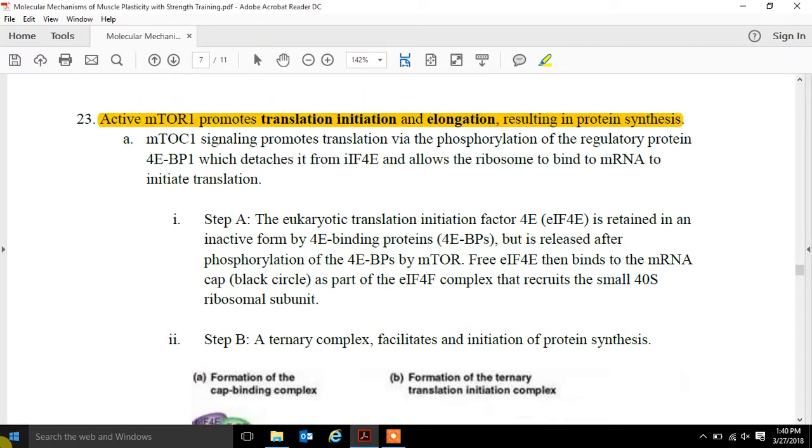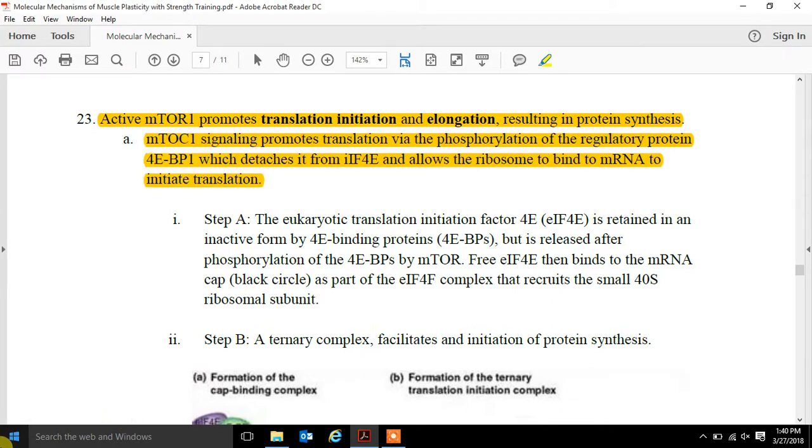mTOR promotes translational initiation and elongation, resulting in protein synthesis. It promotes translation via the phosphorylation of 4E-BP1.